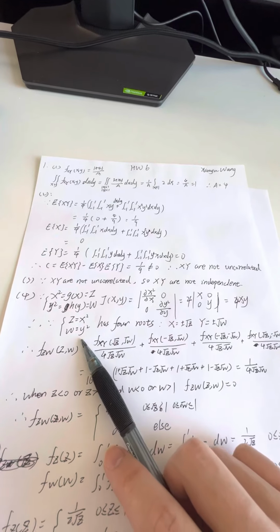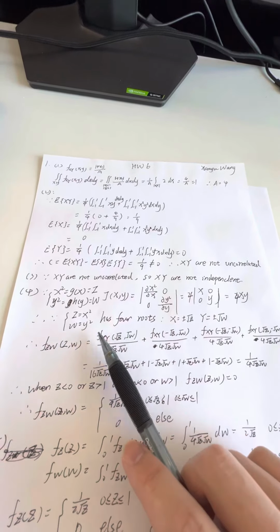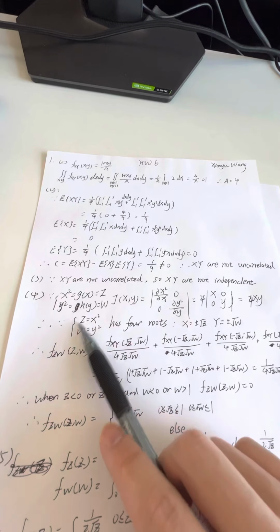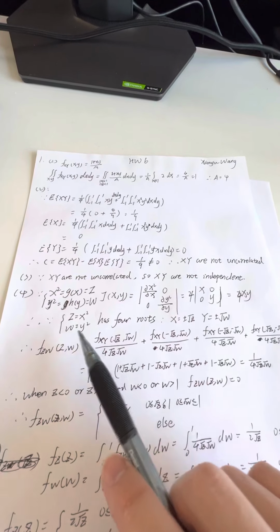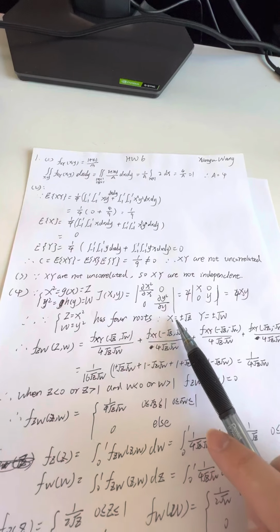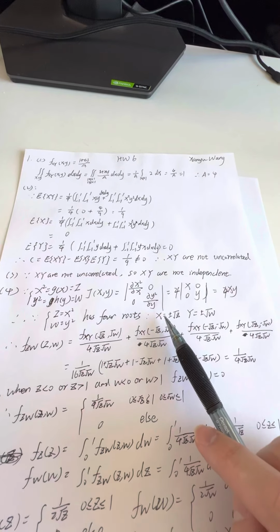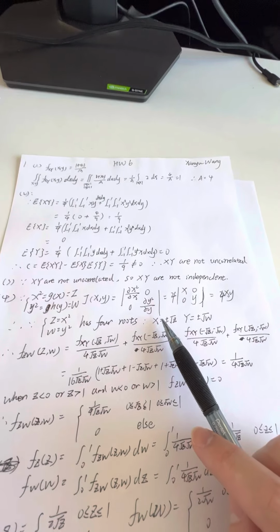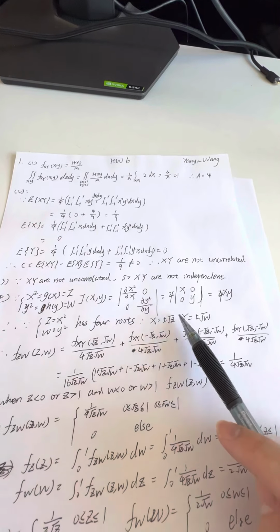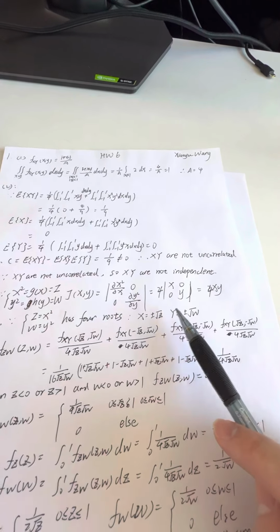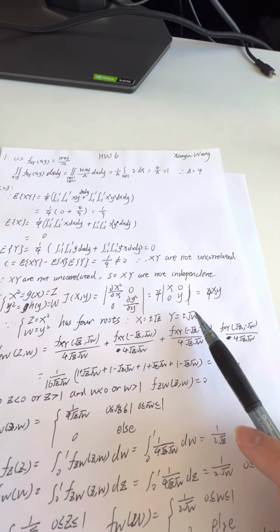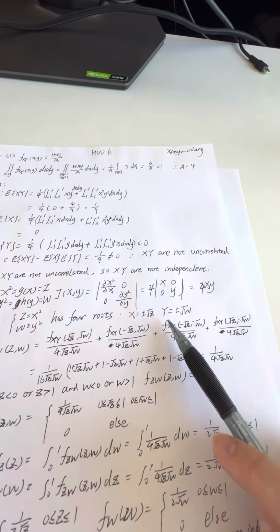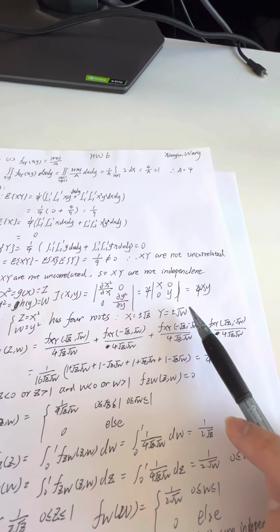And here we should notice that this function has 4 roots, that x can equal minus and positive square root of z, and y equal minus and positive square root of w.